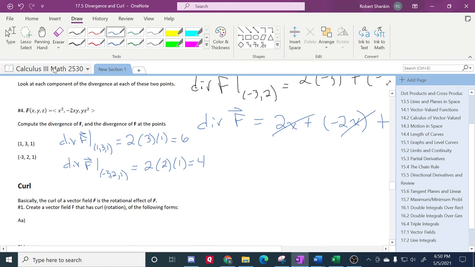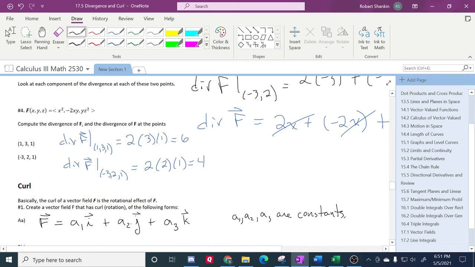And in A, the form is F equals A1 i plus A2 j plus A3 k, where A1, A2, and A3 are constants.